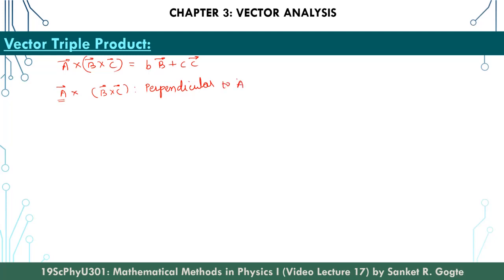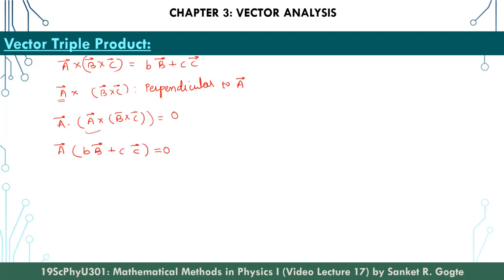So this triple product is always perpendicular to vector A. Now given this fact, what will be the dot product of vector triple product with A? It should be now equal to 0 since these two vectors are perpendicular to each other. Therefore, what we have is A dot B into B plus C into C should be equal to 0.